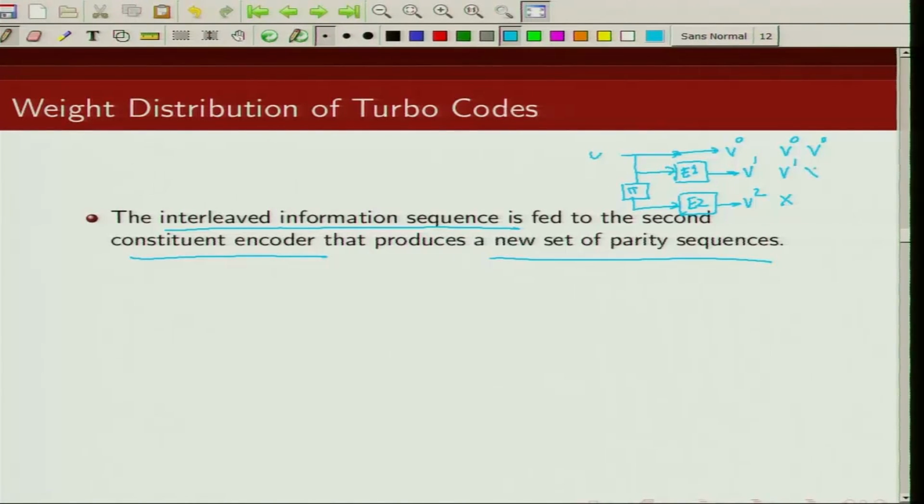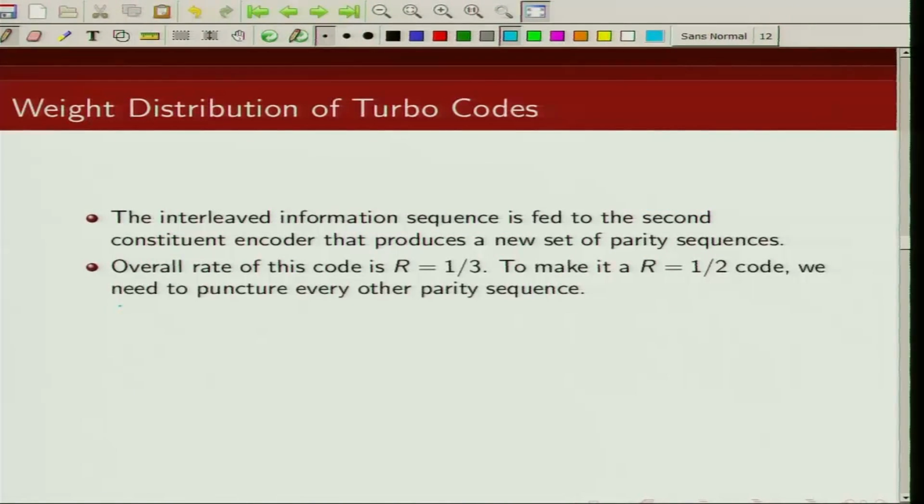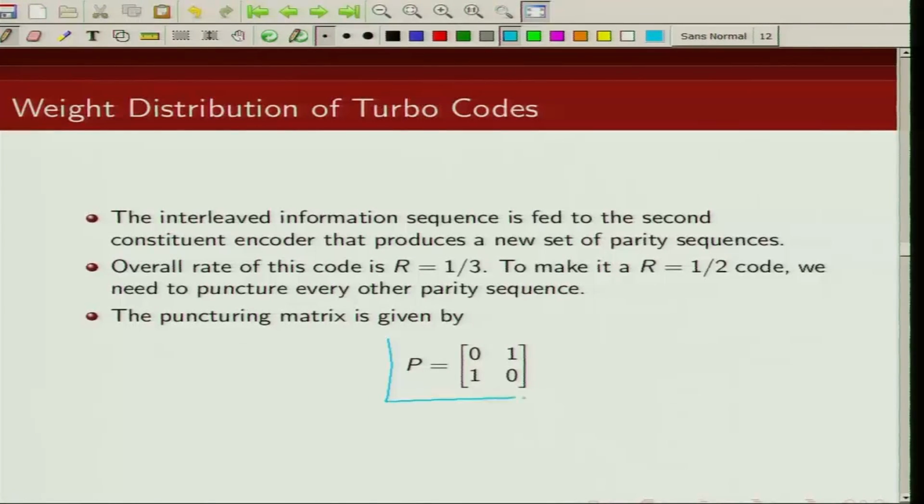We would not send this parity bit, but we will send the parity bit from this encoder. So we need to puncture every other parity bit in each of these streams to make it a rate 1/2, and we denote a puncturing pattern like this.